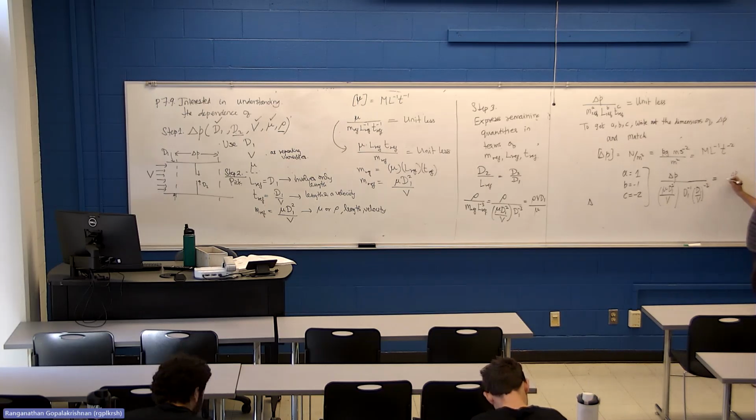Delta P divided by mu D1 squared over V, times 1 over D1, times V squared over D1 squared.